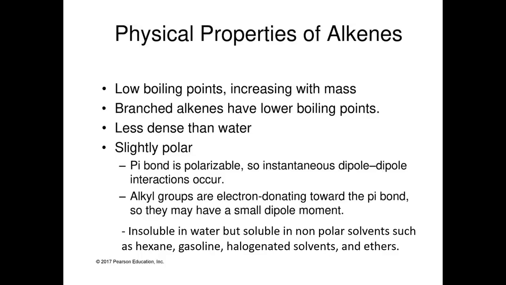Alkyl groups are electron donating toward the pi bond, so they may have a small dipole moment. Alkenes are insoluble in water, but soluble in non-polar solvents, for example hexane, gasoline, halogenated solvents, and ethers.